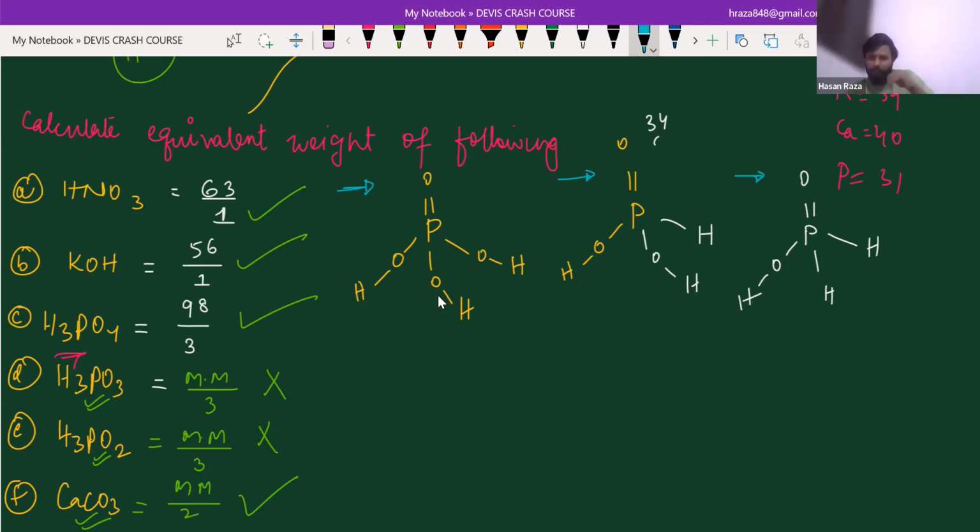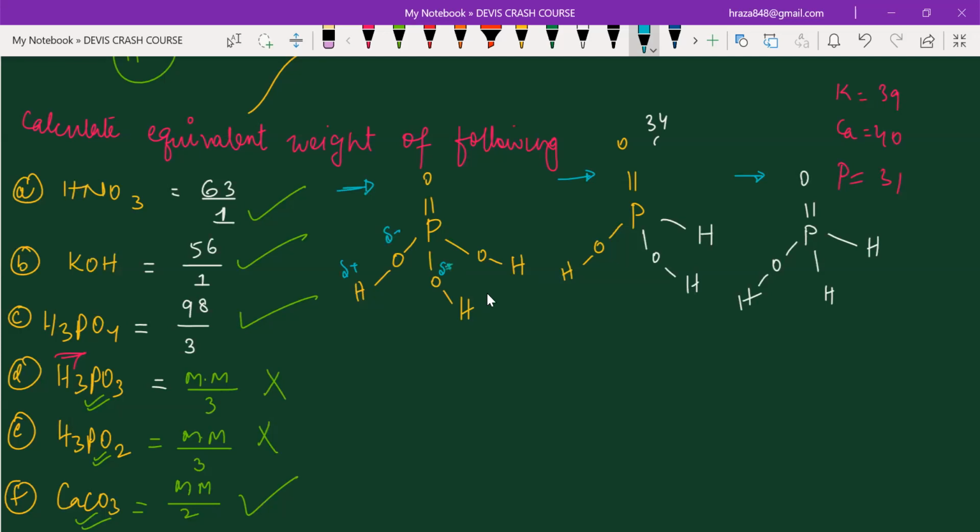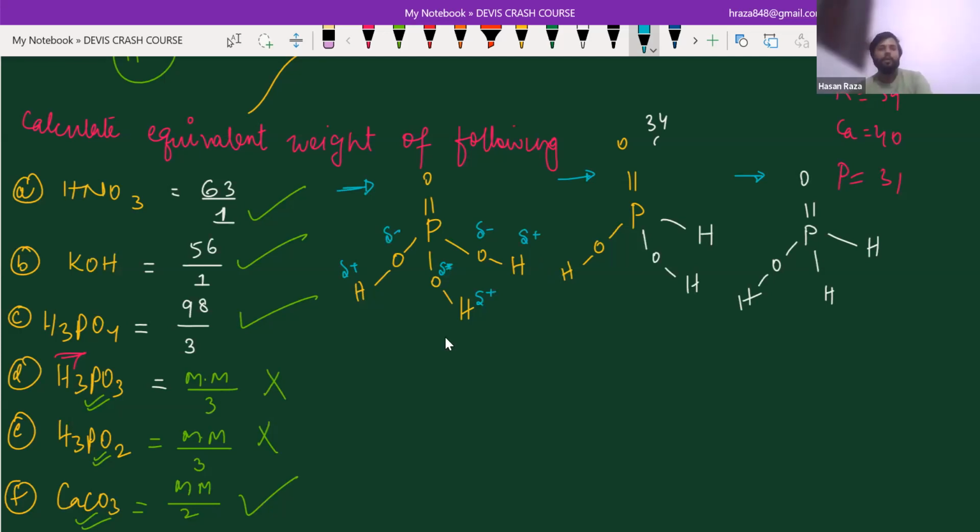Now see the concept I was talking about. This is delta negative. This is delta positive. Do you know why I am writing this? For dipole. Oxygen is more electronegative than hydrogen, so it will attract hydrogen's electron. That's why there will be delta negative, then delta positive.